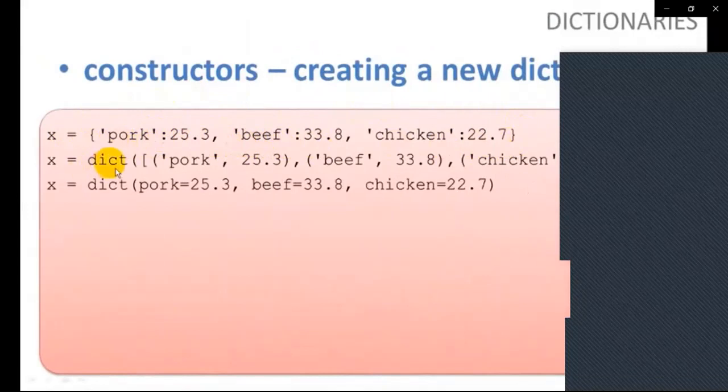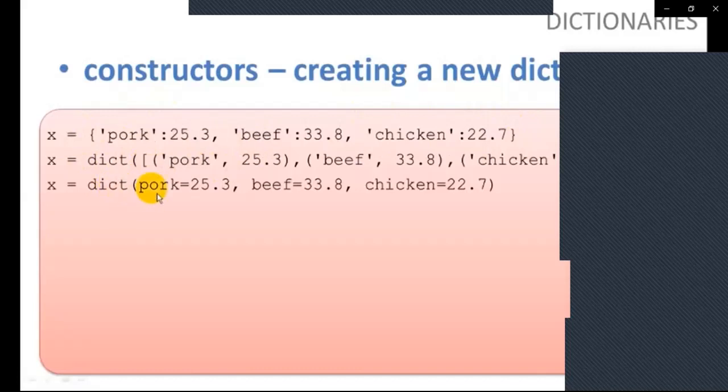You can also call the dict function to create a dictionary by placing comma-separated tuples inside of a list. And you can also say key equals value, comma-separated, and call dict on that. So there are 3 different ways to create a dictionary. I find the first one is more widely used and more standard, but they all 3 work.